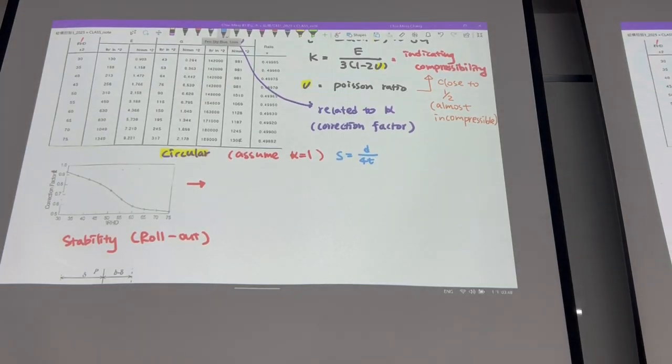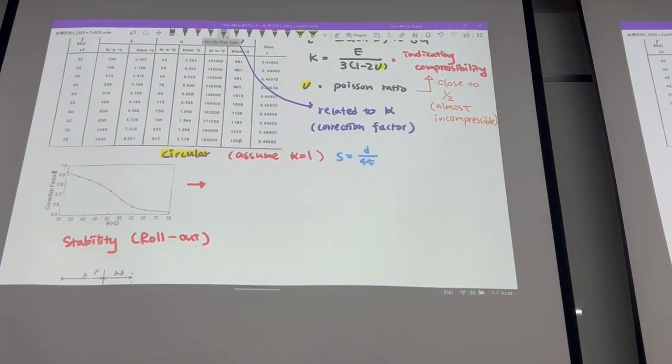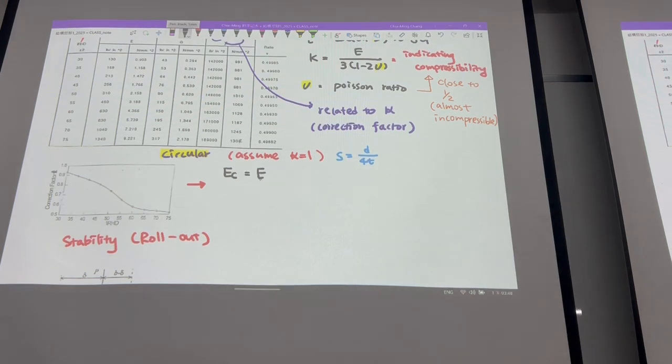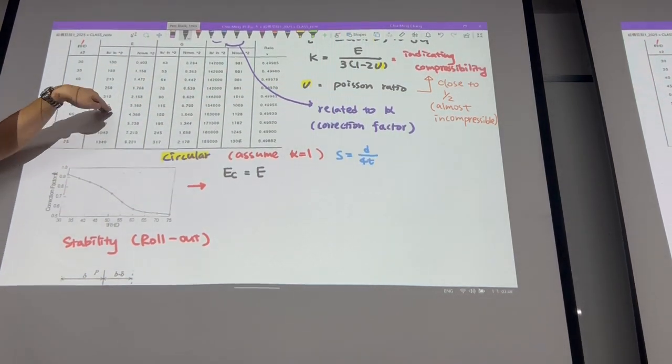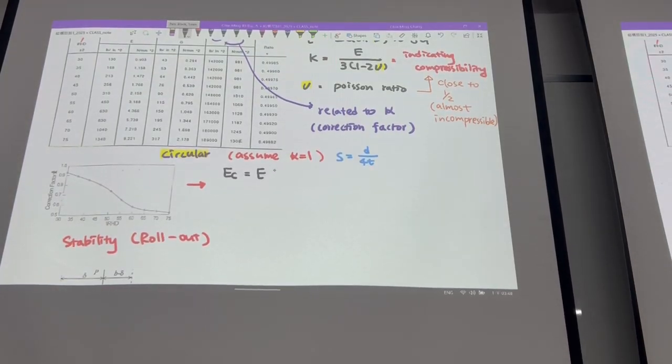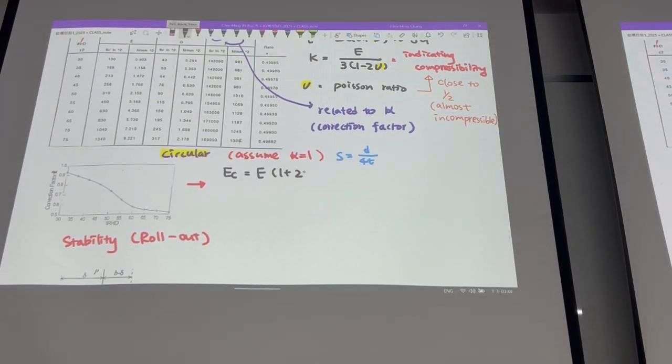If you want to know the elastic modulus for the actual direction that can support delta, then that EC you're going to use will be the original modulus, just like we list here, times 1 plus 2 kappa S squared, with kappa equal to 1.